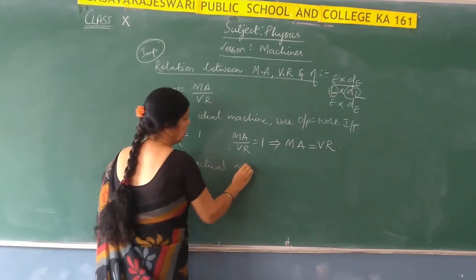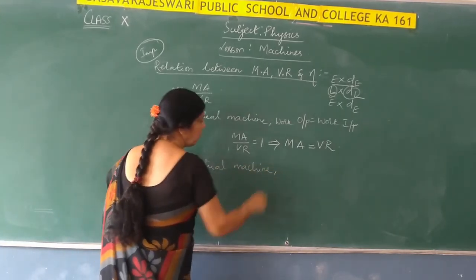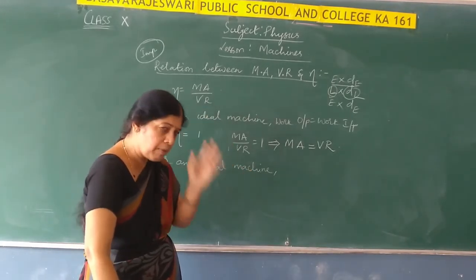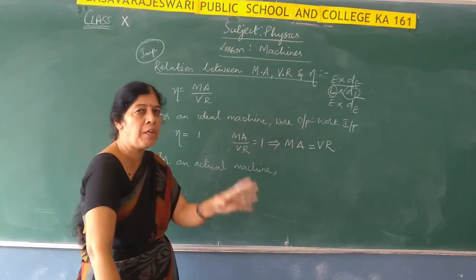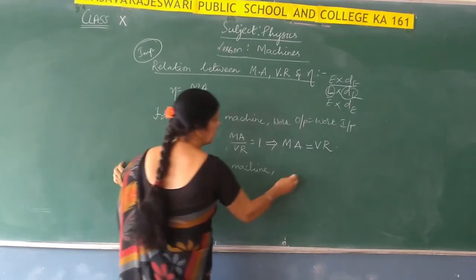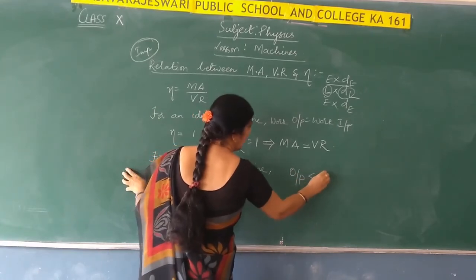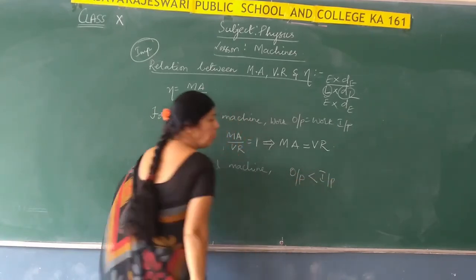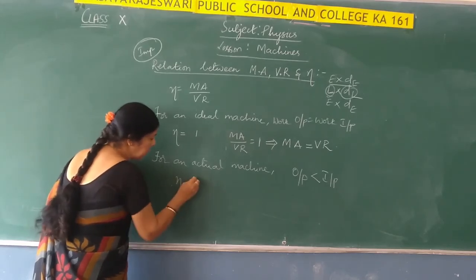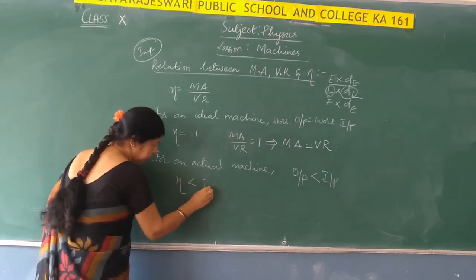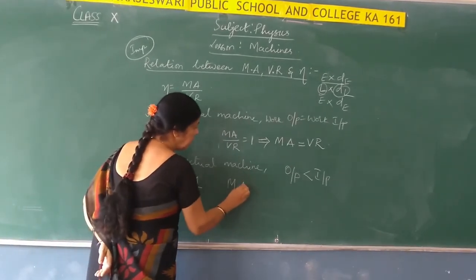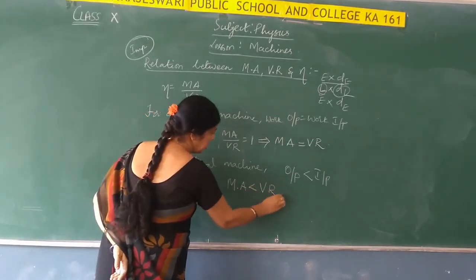Now for an actual machine, practically speaking, output will not be equal to input. Output is always less than input due to friction and weight of the machine. Then efficiency will be less than 1, and mechanical advantage will be less than velocity ratio.